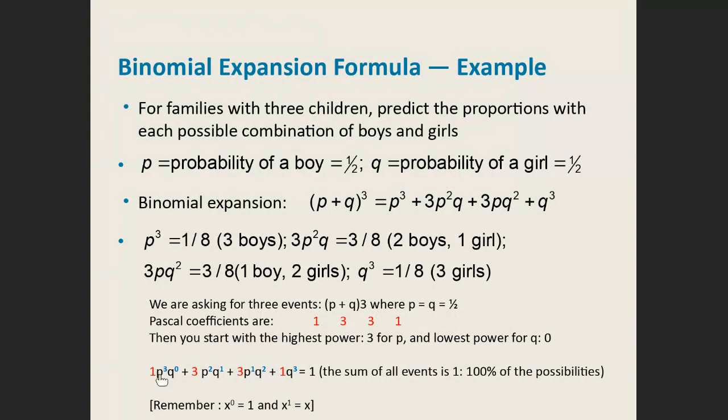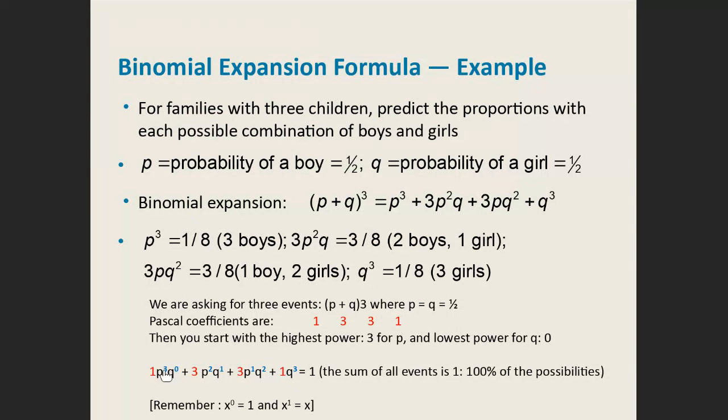You do that by starting with P and giving it the power of the number of events that you're analyzing. In that case, it's 3 events. So it's P cubed in our case, because we have 3 children. And then the power of Q will be the remainder of the number 3.